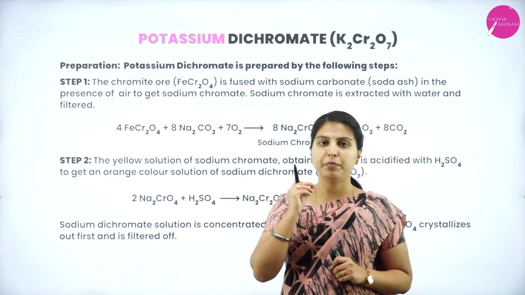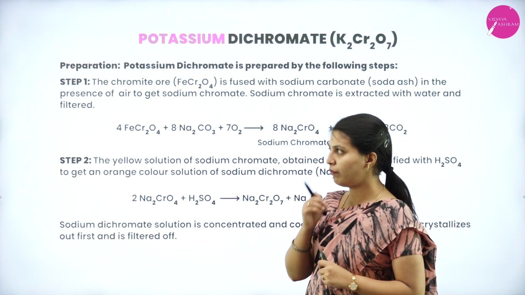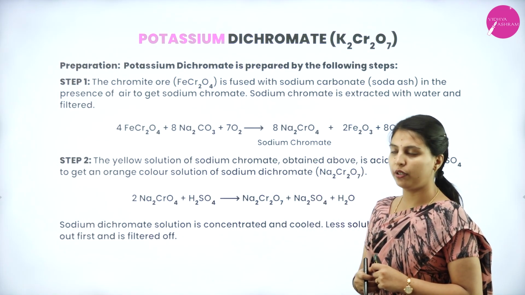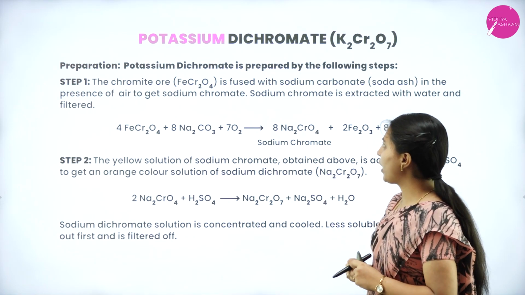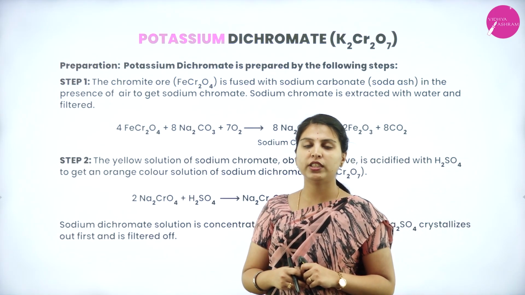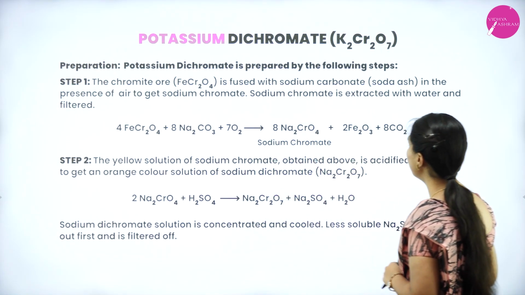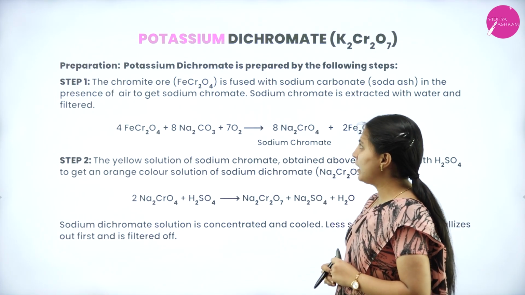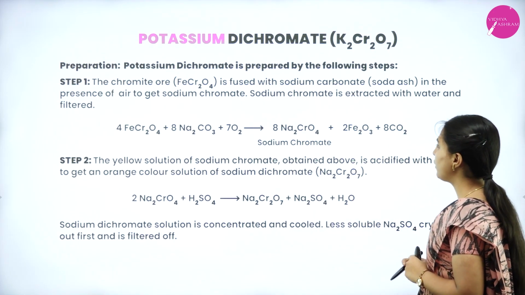These are the major points you have to understand before going to the important compound. Now we will move on to potassium dichromate. Its molecular formula is K2Cr2O7. Preparation: we will see potassium dichromate is prepared by the following steps.